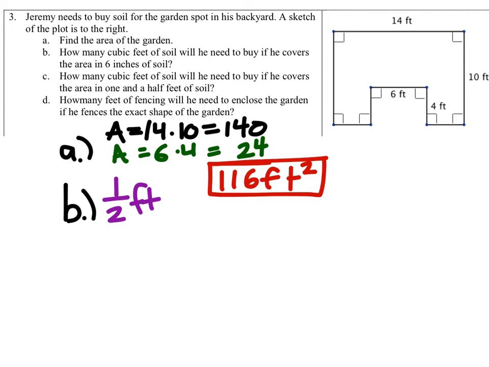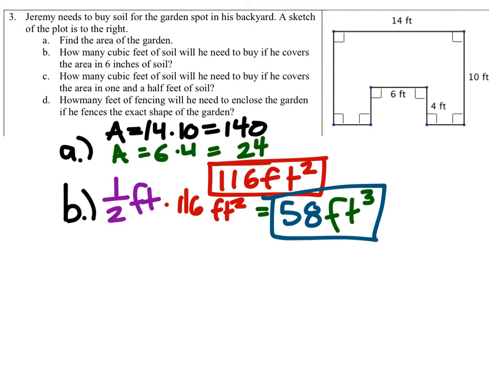Now, if we want to find that volume, which would give us cubic feet, all we need to do is multiply that by the 116 square feet, and that will give us feet cubed. That appears to be 1/2 times 116, which looks like it would be 58 cubic feet of soil.